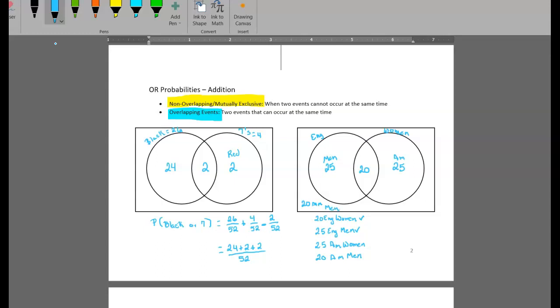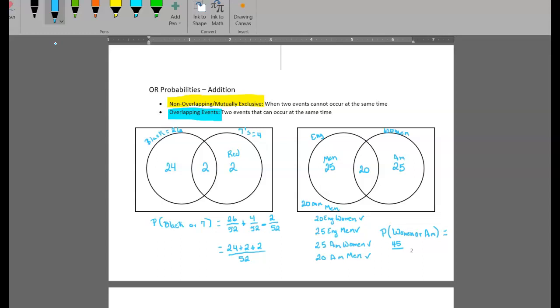And so what is the probability? So we did each one of those. What's the probability of picking out a woman or an American? Okay, so we have a total of 20 and 25 women. So we have 45 women over the total. And let's see, the total is 25 plus 25 plus 20 plus 20.